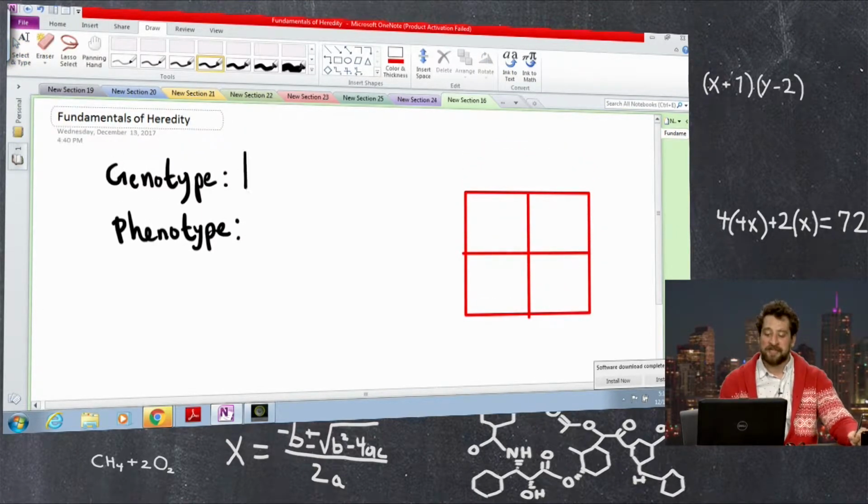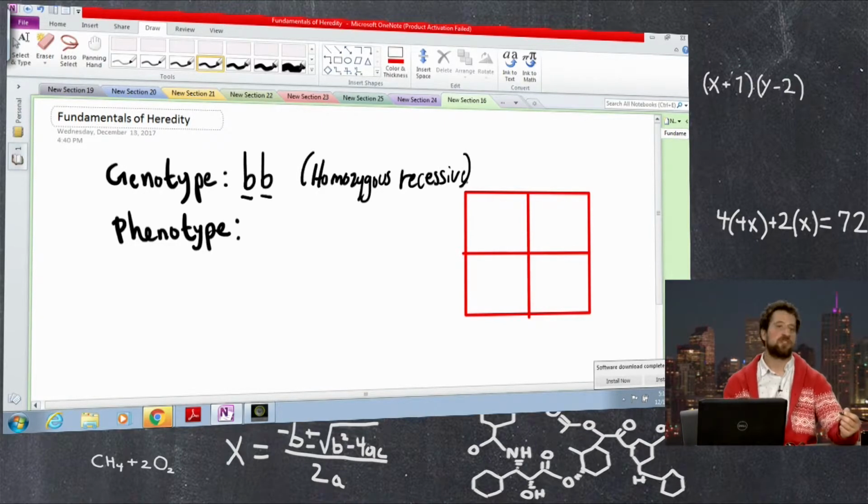The other genotype we could see is recessive, two of the blue-eyed genes. And in this case, this is still called a homozygous genotype, because still both of the genes are the same. We have two of the same alleles, so it's homozygous. But in this case, it's not homozygous dominant, but homozygous recessive.